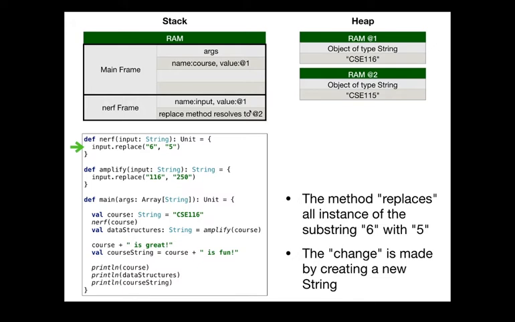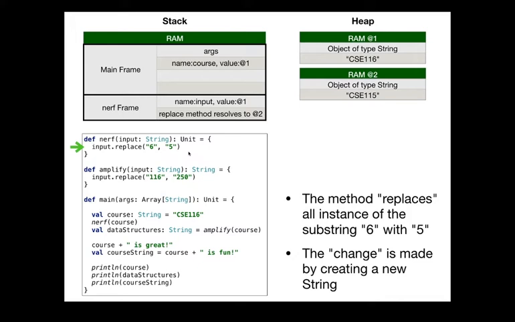So when I call .replace, this is returning a reference to the brand new string that was created after the replace method found my string 116, made that change, but didn't actually change anything, but created a brand new string with that change reflected and returned a reference to that brand new string. So this resolves to some new reference to a new string with the change reflected.